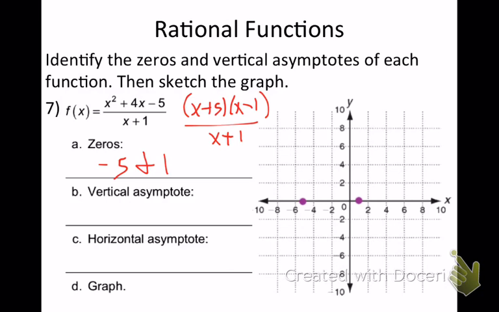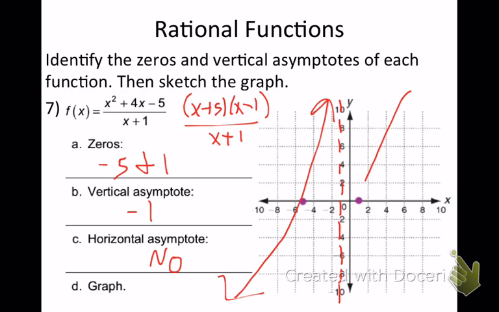Jake, where's my vertical asymptote at? Do I have a horizontal asymptote, Jake? Nope, not in this one. If I were to graph it, does it look something like this, Jake? Nice job. There you go.